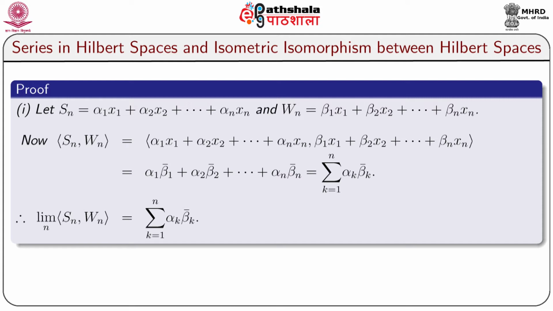So, if we take a limit, we have limit n of the inner product S_n W_n equal to limit n of sigma k equal to 1 to n alpha_k beta_k bar.